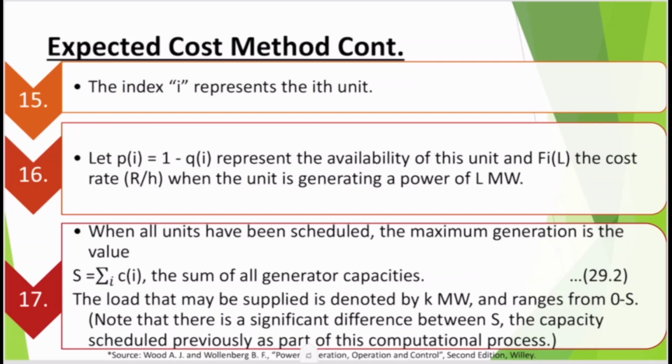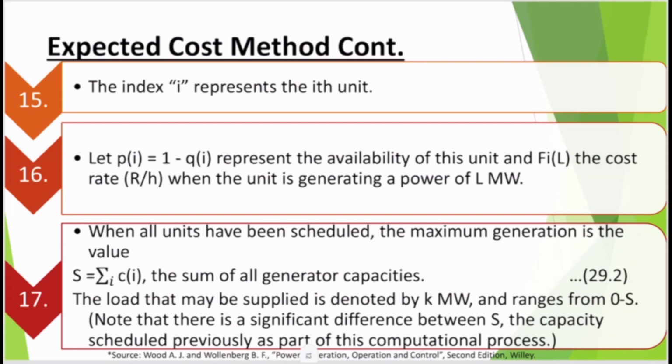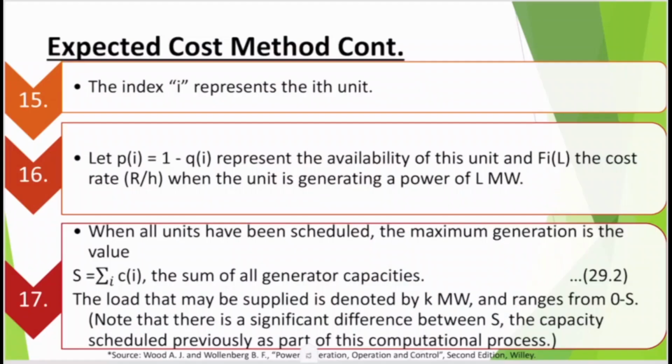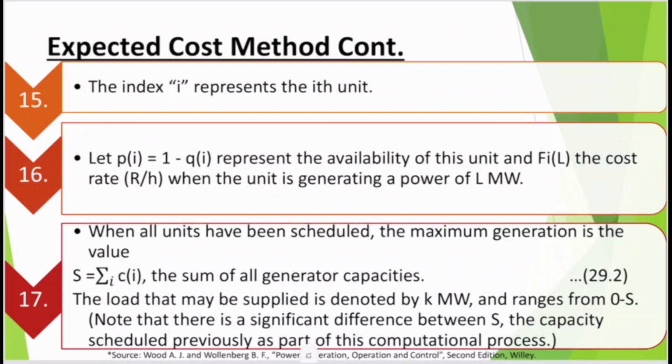Let us consider Pi, which is 1 minus Qi, to represent the availability of this unit, and Fi(L) is the cost rate in rupees per hour when the unit generates a power of L megawatt. When all units have been scheduled, the maximum generation is S, equal to the summation of Ci, that is the summation of all generation capacities. The load that may be supplied is denoted by K megawatt and ranges from 0 to maximum S.